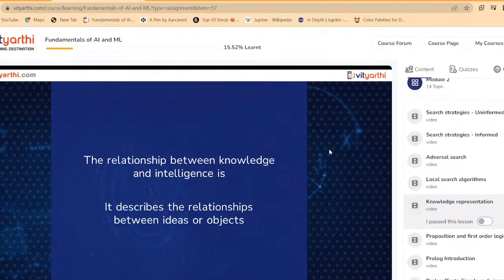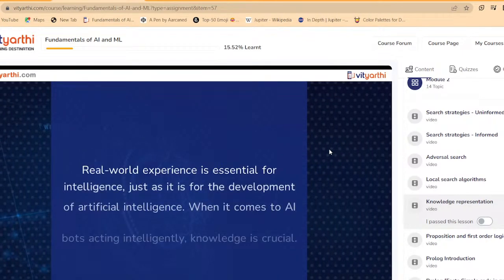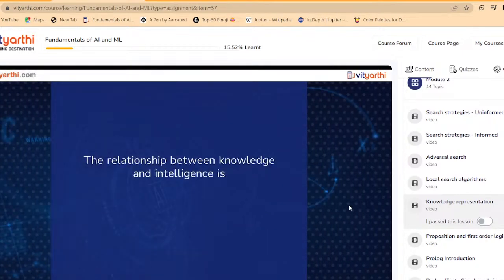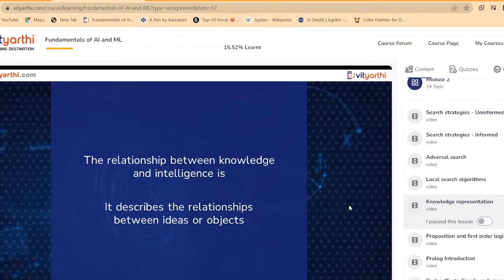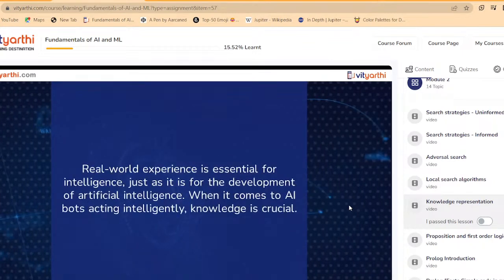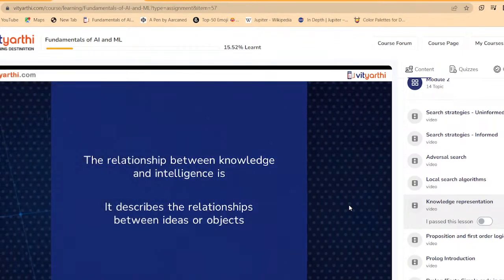It describes the relationship between ideas or objects. Real-world experience is essential.